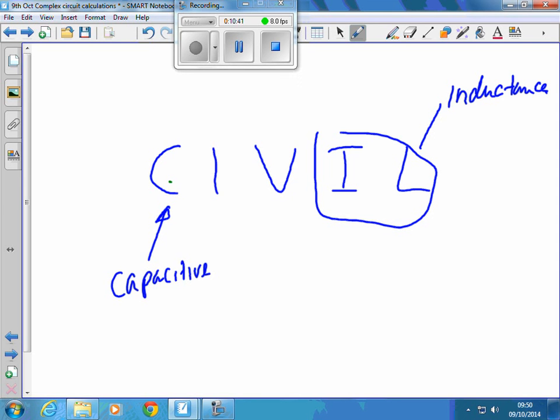We get a situation when we've got both of these things in the circuit, but there will always be one that's bigger than the other and make the overall circuit overall capacitive or overall inductive. Both will have an effect, as you'll see later, but one will always be bigger than the other, and therefore the circuit will either be overall capacitive or overall inductive.